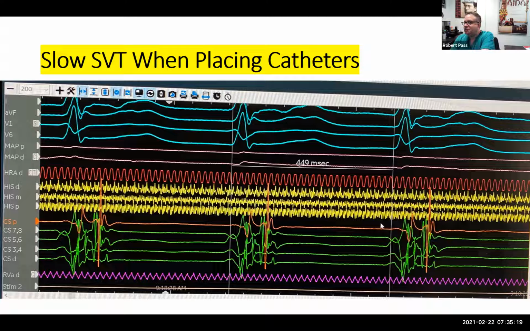So this is so early in placing catheters that we have neither an ablation catheter, a high RA, or any His catheter or RV. All we have is a coronary sinus catheter. So any thoughts on what the mechanism of this tachycardia is based on this tracing?